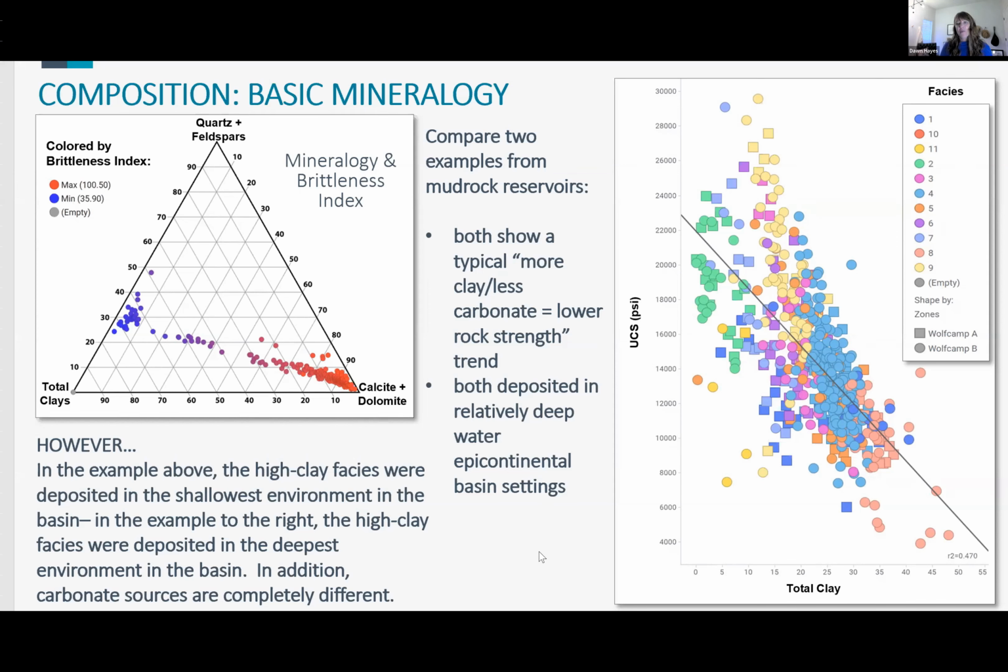We have more clay in the more distal depositional environments and a lot more carbonates in the other. So it's a great example of how knowing a little bit about the depositional history of your basin can allow you to really quickly predict your mineralogy changes and the mechanical properties. But you don't want to get it mixed up. They can be opposite depending completely on the depositional environment.